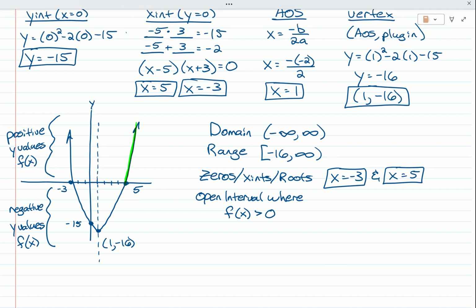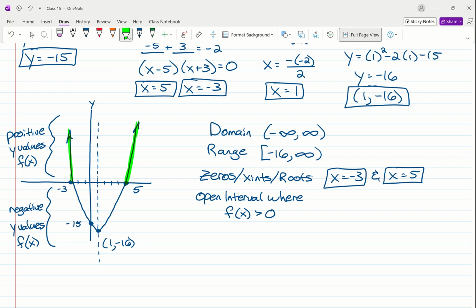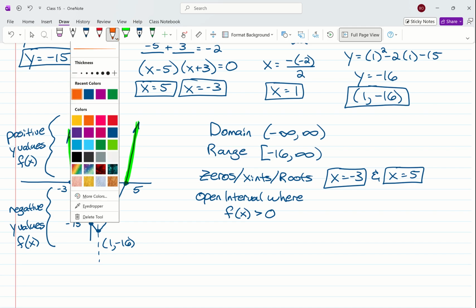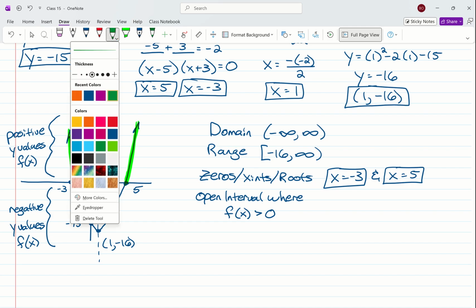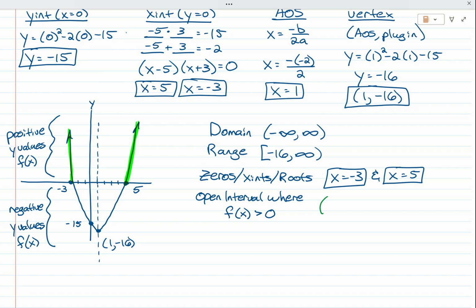These are positive y values. They're above the x-axis. And it looks like any y value when x is less than -3 is positive. So let's write that down. Any x value less than -3 would be from -infinity to -3, union with 5 to infinity.